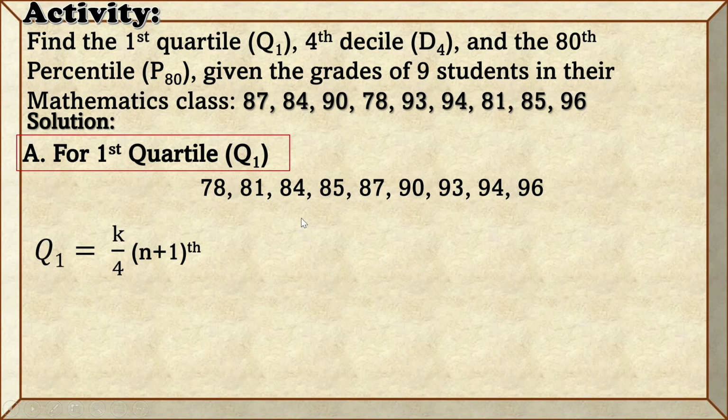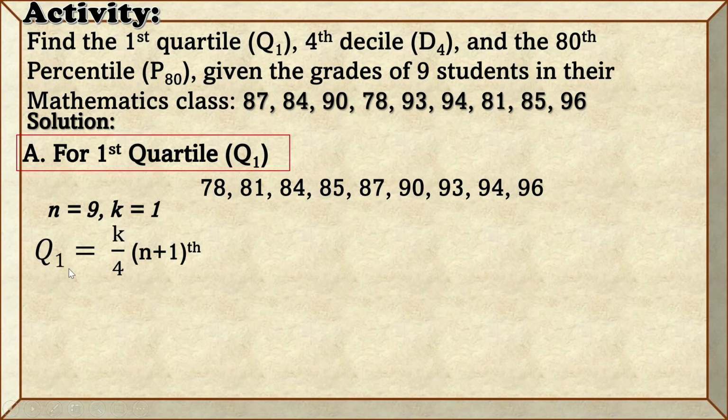Second step, locate the position of the score in the distribution using this formula. So, the formula of the first quartile, we have Q sub 1 equals K over 4 times the quantity of n plus 1. Okay. So, our K here is 1 dahil ang hinahanap natin is first quartile and n is 9 dahil meron tayong 9 students and 9 grades.